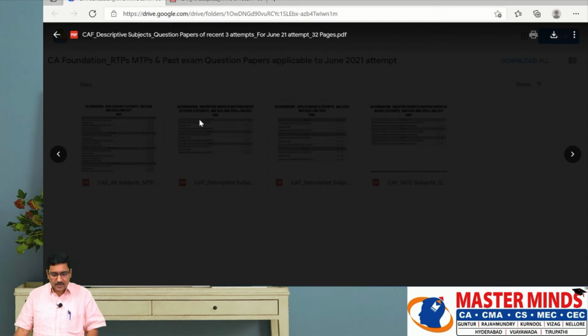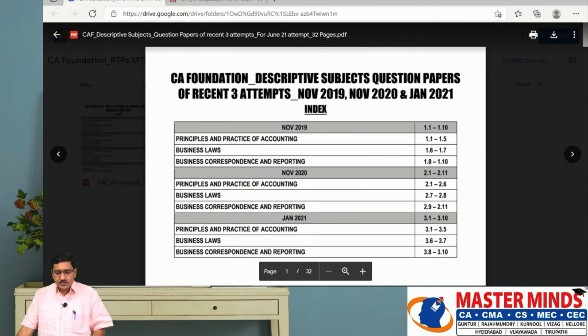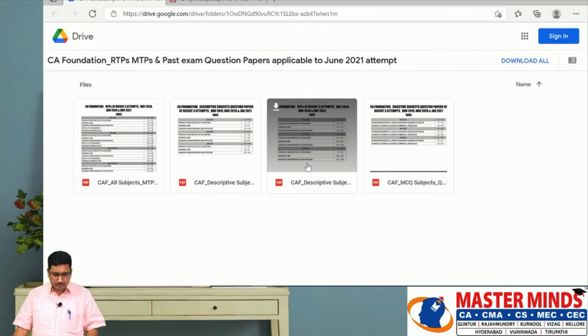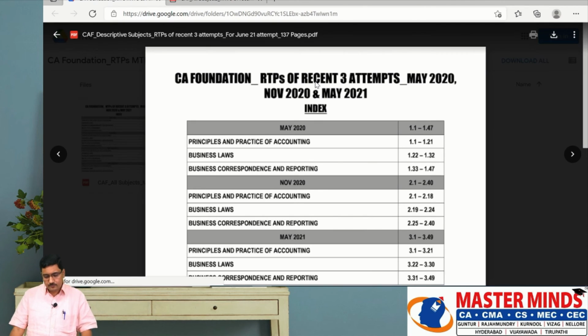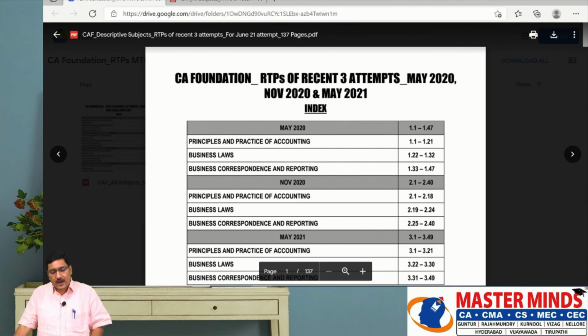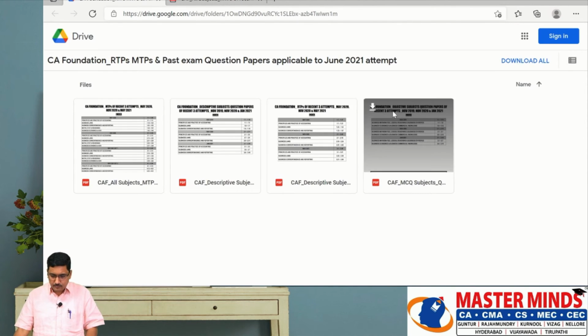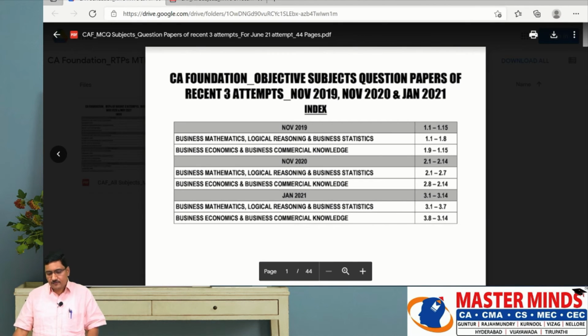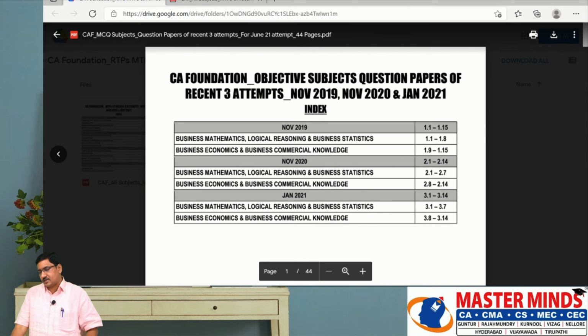Next one, another one. CA Foundation descriptive subjects question papers of recent 3 attempts. CA Foundation RTPs of recent 3 attempts. CA Foundation MCQ subjects question papers of recent 3 attempts.